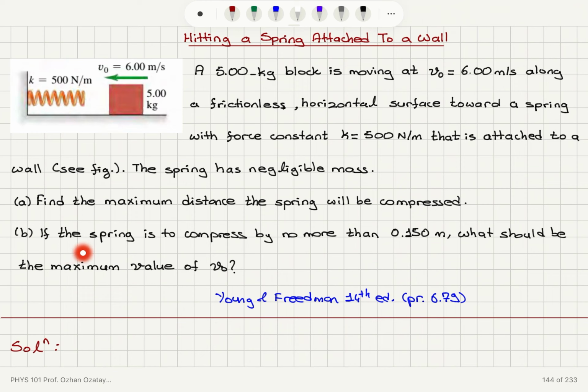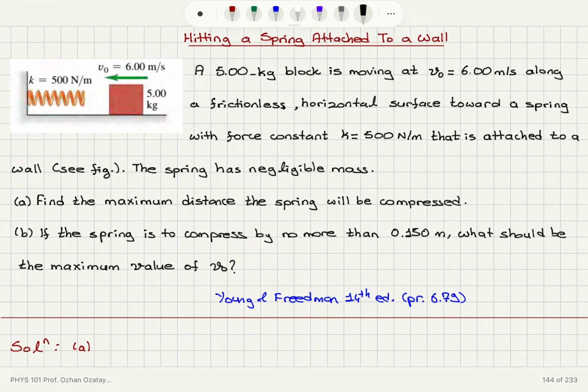Part B, if the spring is to compress by no more than 0.150 meters, what should be the maximum value of V0? Okay, so the maximum distance the spring will be compressed.